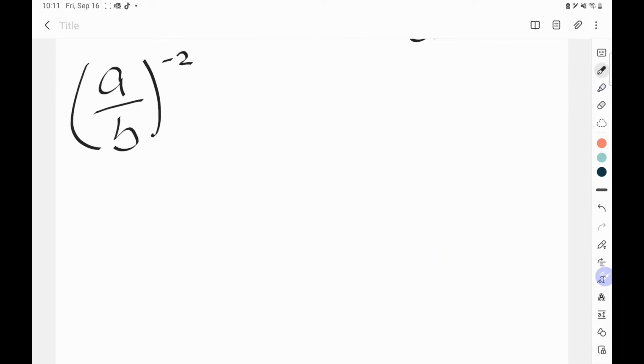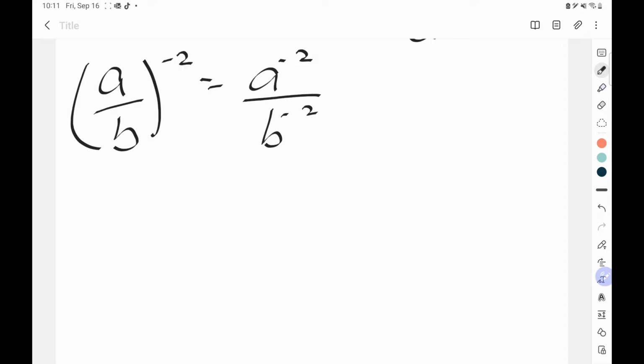Now let's have this one as another example. We have (a over b), all of them to the power of negative 2. So this is the quotient law. The first thing that we need to do is apply the quotient law. That means we need to distribute the exponent to both the numerator and the denominator, right? So we have a to the power of negative 2 and b to the power of negative 2.